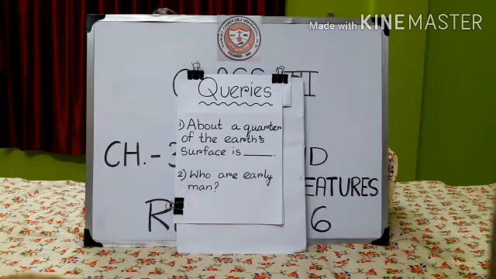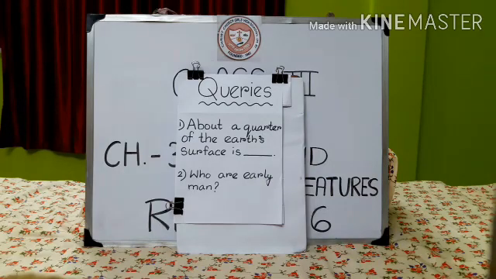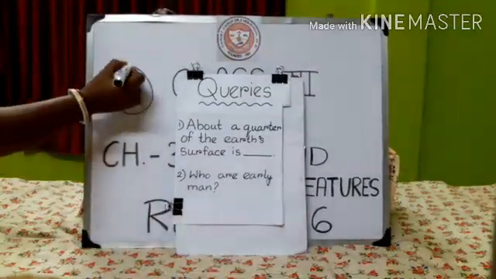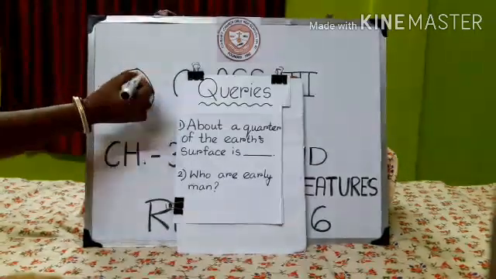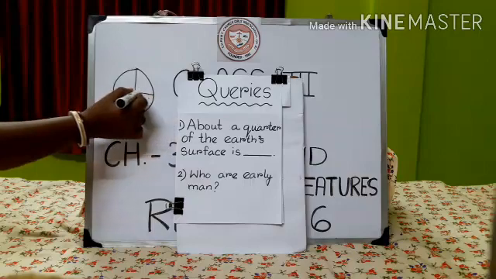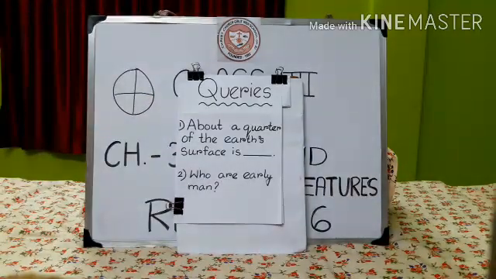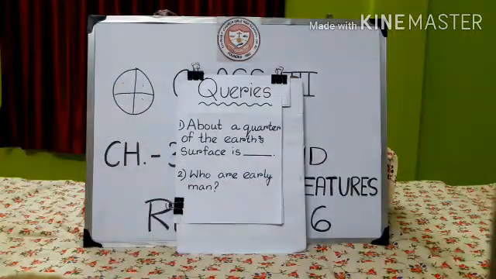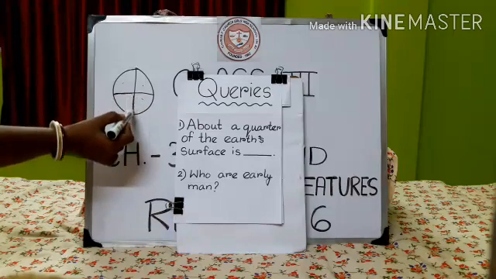Right, children, this fill in the blanks, everyone of you should know. I had explained while discussing this chapter, the earth our home, that if we divide our earth into 4 parts, suppose this is our earth, then 3 parts is water and only 1 part is land.